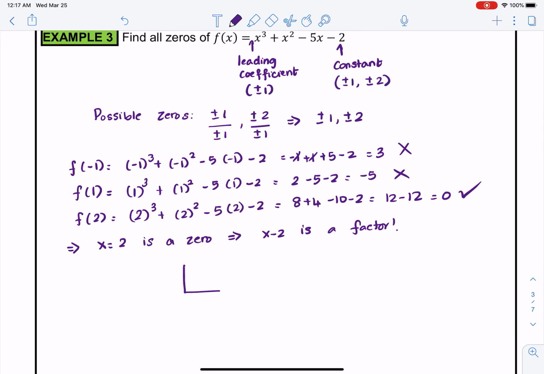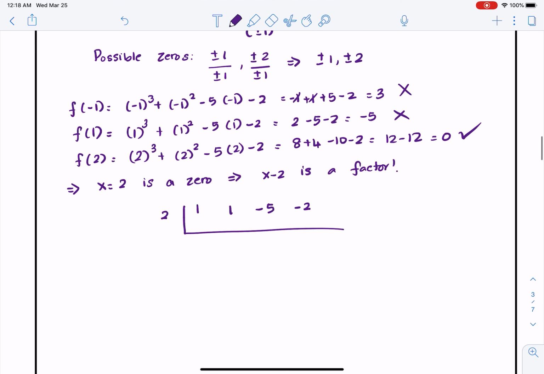So what we have here is 1, 1, minus 5, and minus 2. We are dividing it by 2, and using synthetic division, 1 comes down here, 2 times 1 is 2, 1 plus 2 is 3, 2 times 3 is 6, 6 minus 5 is 1, 2 times 1 is 2, and we get 0.